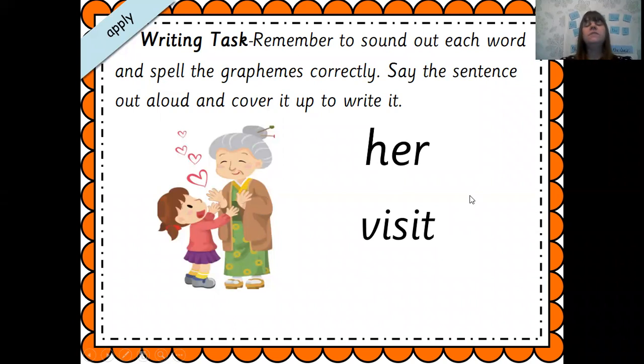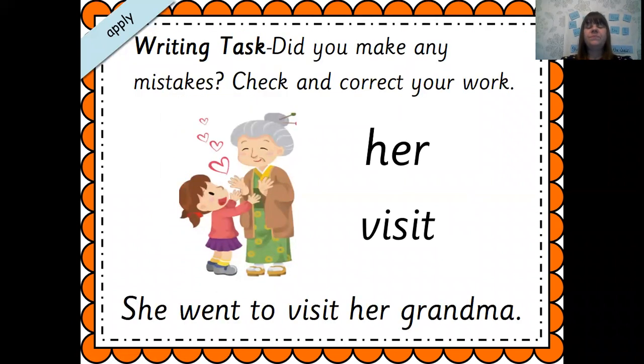So her and visit. Pause the video and think of a sentence for this image. I will move on. She went to visit her grandma. Grandma is a very long word, but I think you can do it with the help of your adult. She went to visit her grandma. Capital letter, full stop, and finger spaces. Always have them in your mind.